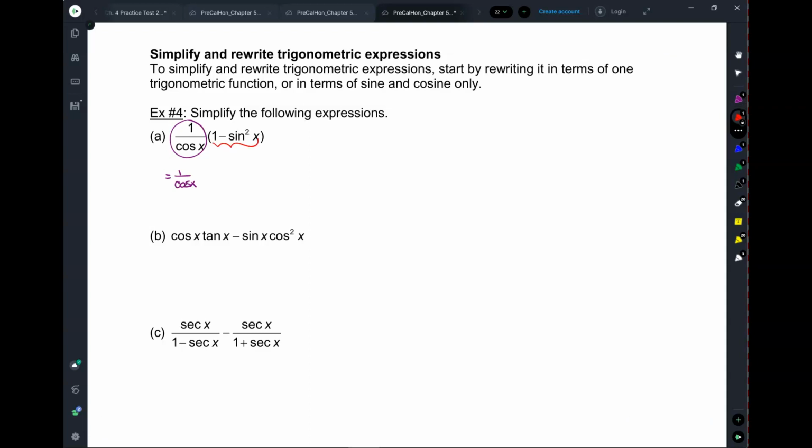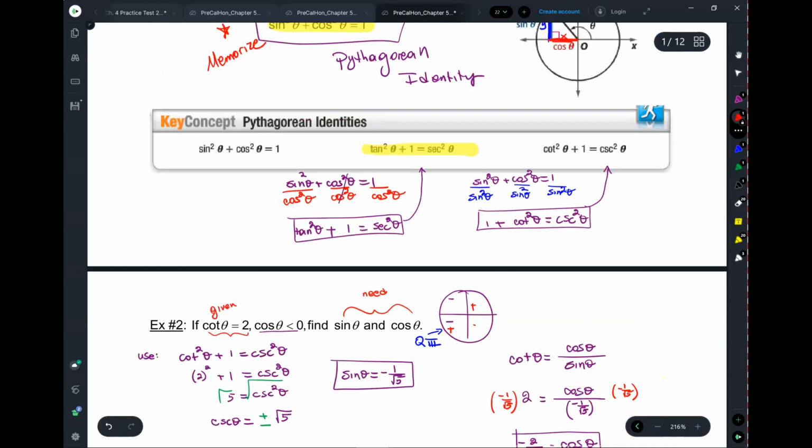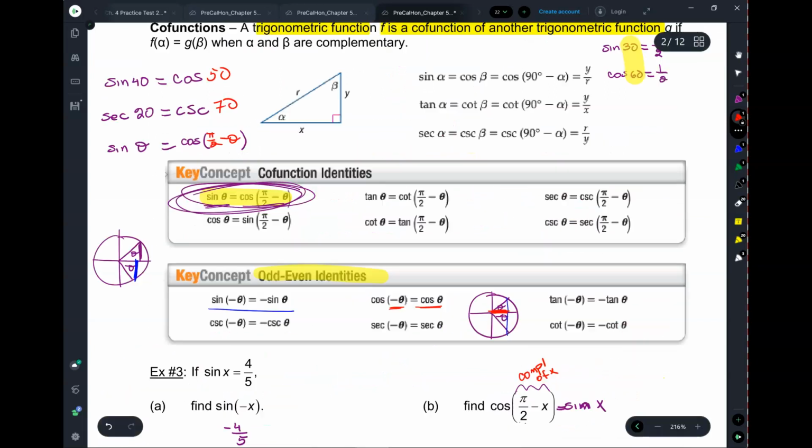As soon as I see that, I can recognize exactly what that is. What triggers me is that there is a trig function squared added to or subtracted from a 1. So whenever I have sine squared, cosine squared, or cosecant squared, and then a plus or minus 1, the first thing I think about is Pythagorean identities. The Pythagorean identity that has a 1 and a sine squared is the first one.